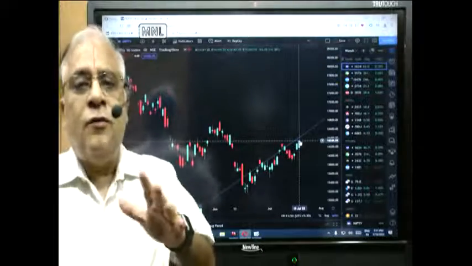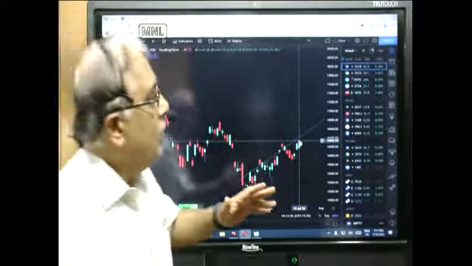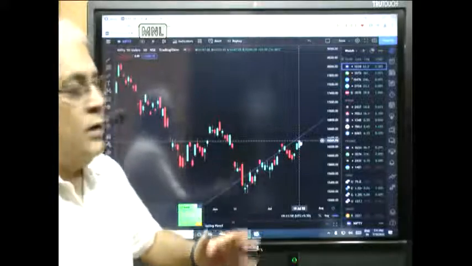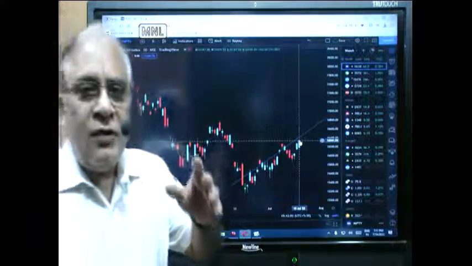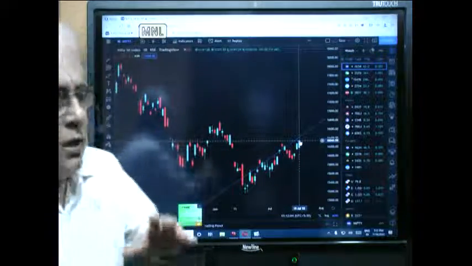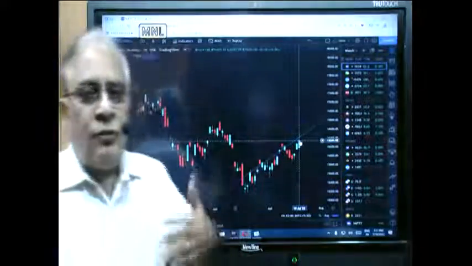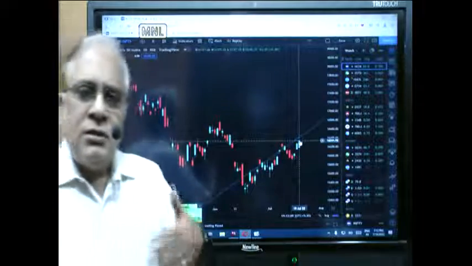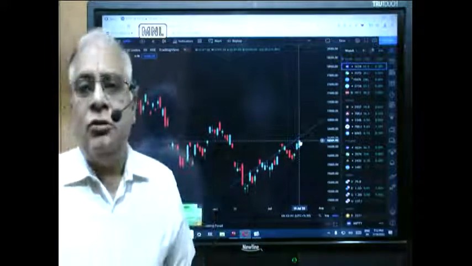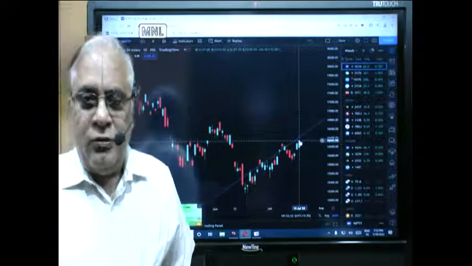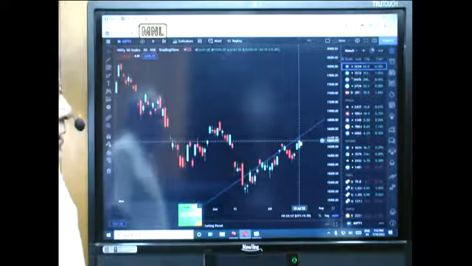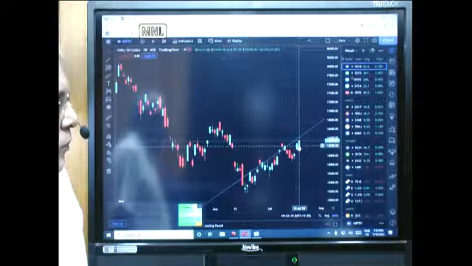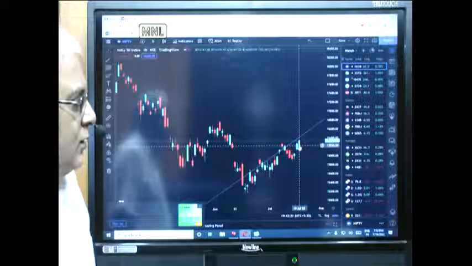Then at 16,440 we need to be careful and ensure that we come out of the position at around 16,440 and then see whether there is some fall. If it breaks above 16,440, 445, there is a chance it can rally to the 16,520 to 530 levels also. That is an unrealistic thing for tomorrow, so 16,440 we will keep.